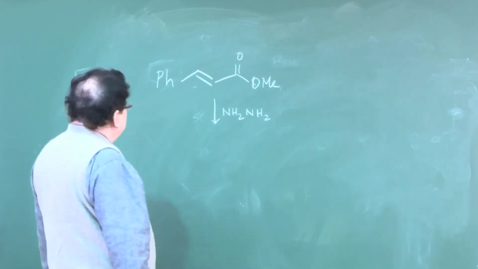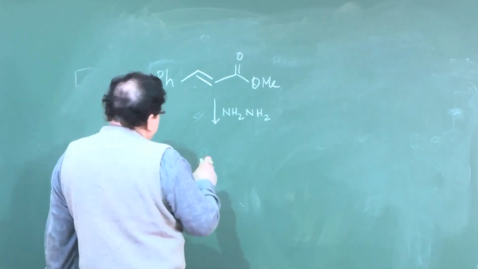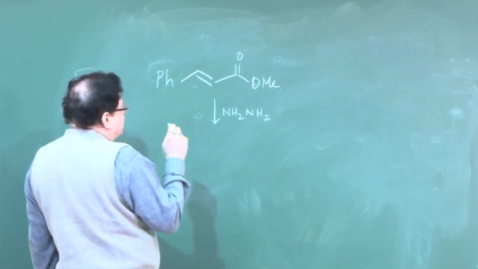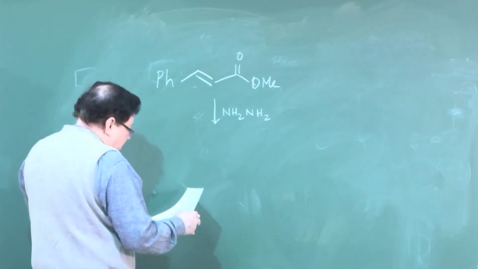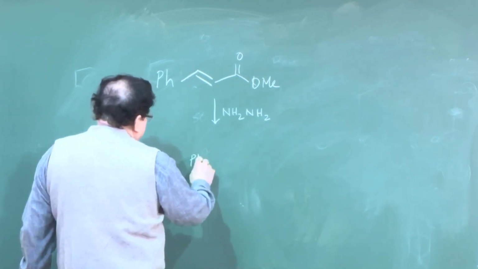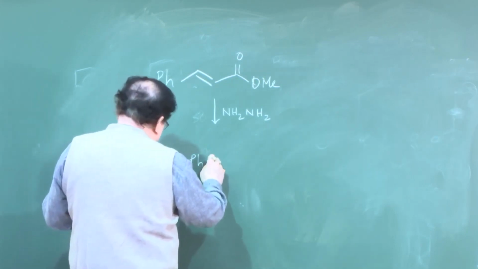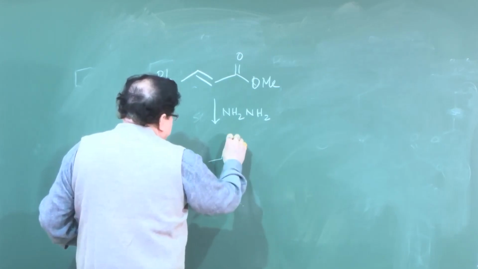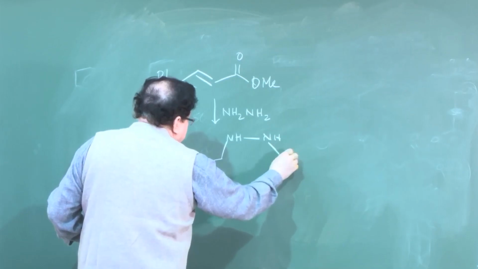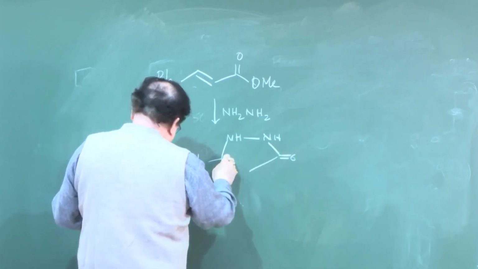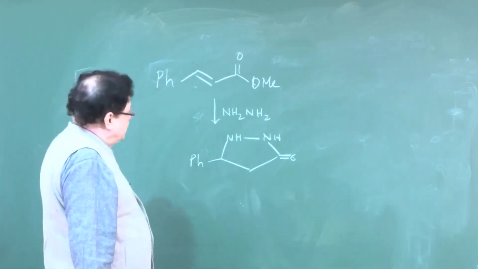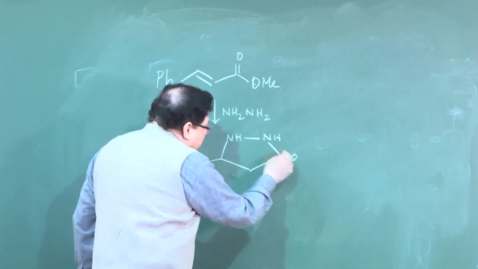Now, you can draw 2 mechanisms for the reaction product. First, let me write what the reaction product is. The reaction product is Ph, and then you have a 5-membered ring, NH, then CO, NH.